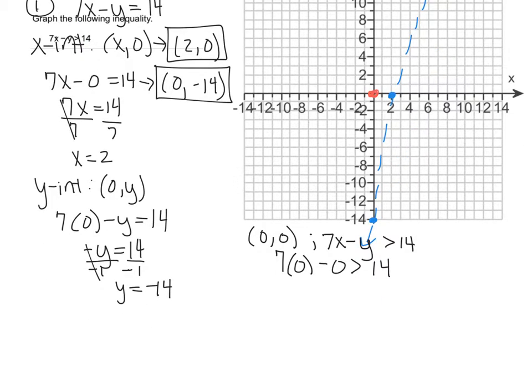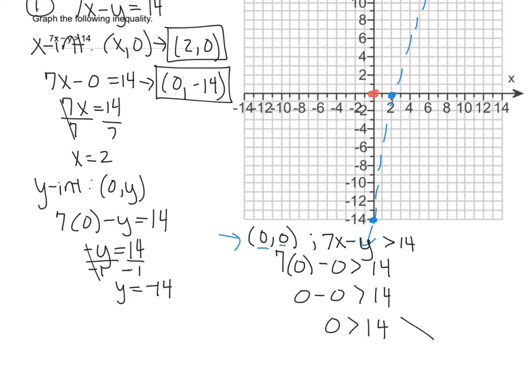So to test (0, 0), I'm going to take the original inequality and plug in a 0 for x and a 0 for y. So I get 7 times 0 minus 0 is greater than 14. This becomes 0 minus 0 is greater than 14, or 0 is greater than 14.